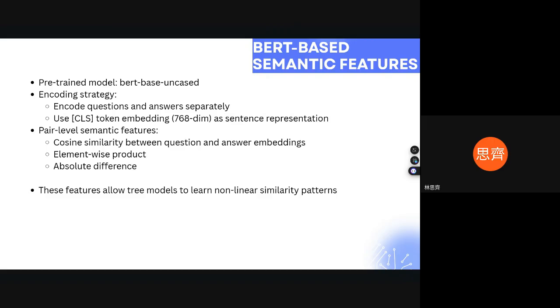At the pair level, we compute multiple semantic features, including cosine similarity, element-wise product, and absolute difference between the question and answer embeddings. This allows the tree model to learn nonlinear interactions beyond a single similarity score.